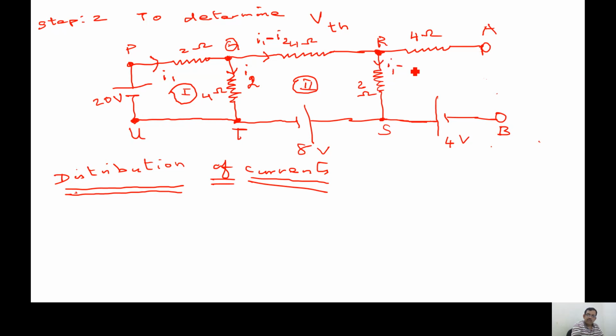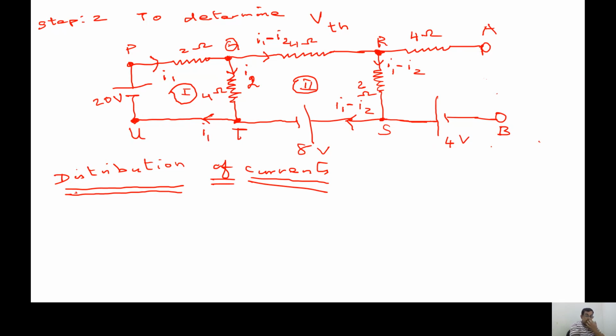I1 minus I2, because it's open, so there won't be any current through this. And here again this is open, therefore there won't be any current bifurcating from the node S. So all of them will be going through here. So I1 minus I2 plus I2 makes sure it is I1 here.